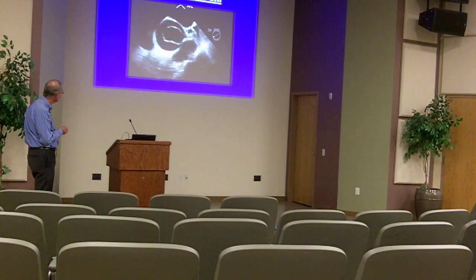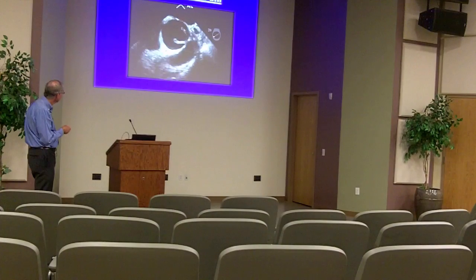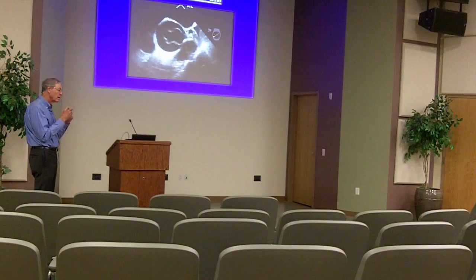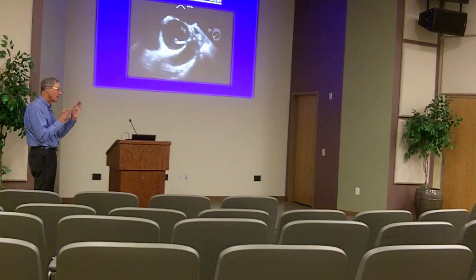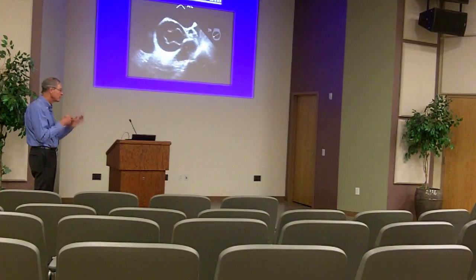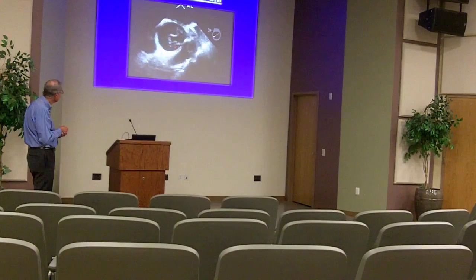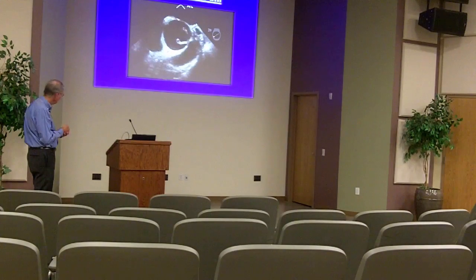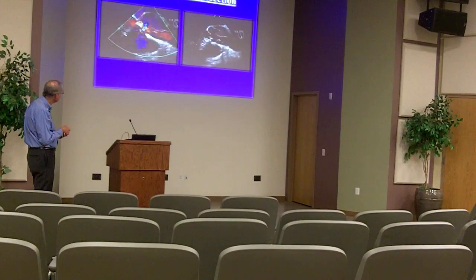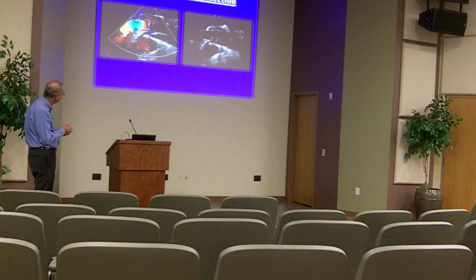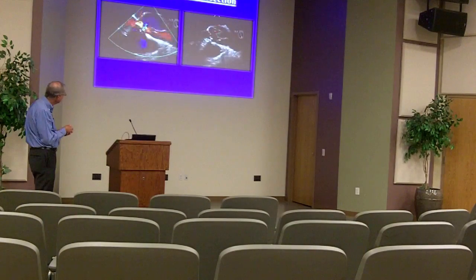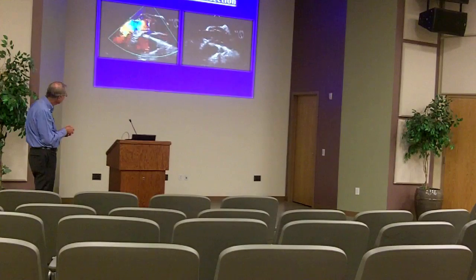So this is the aorta right here. And I showed you that real thin first layer of the blood vessels. And this is an aortic dissection. And this got torn off. And if we look at it in the other view, there's where it's torn all the way up there.